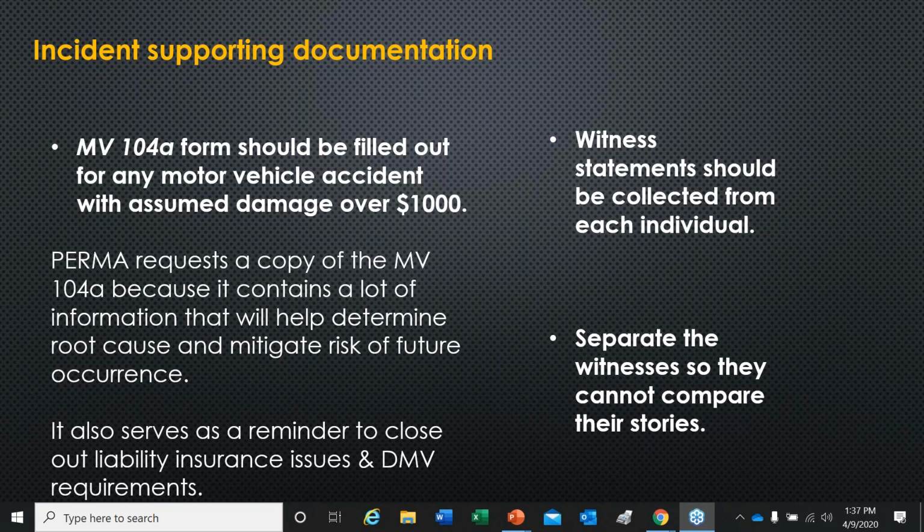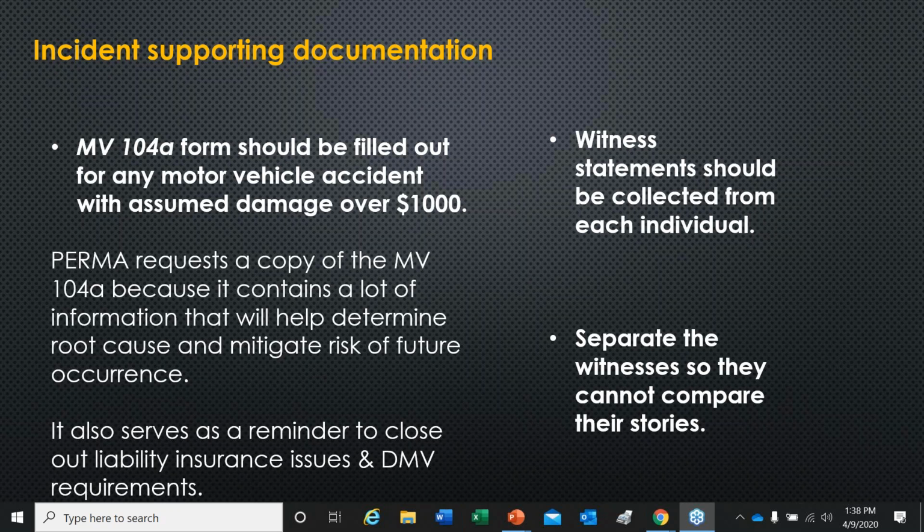You can submit that as a form to us, and it may give us additional information that maybe you didn't see that we're able to review. But it also serves as a reminder to close out your liability insurance issues and your DMV requirements. That's not a PERMA issue, but we're trying to help you on that also.